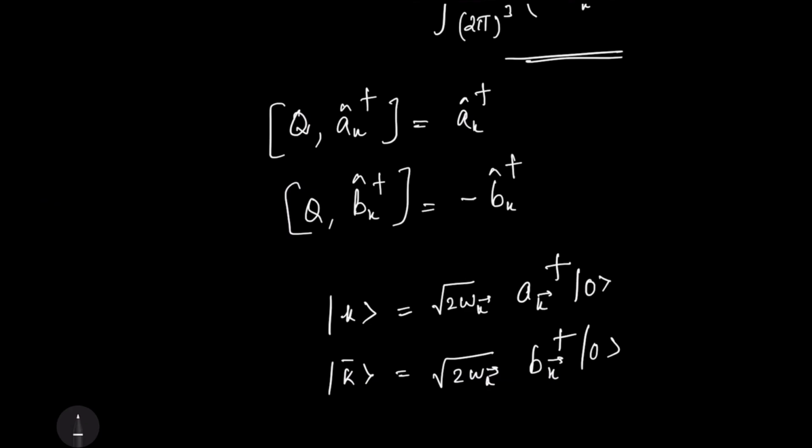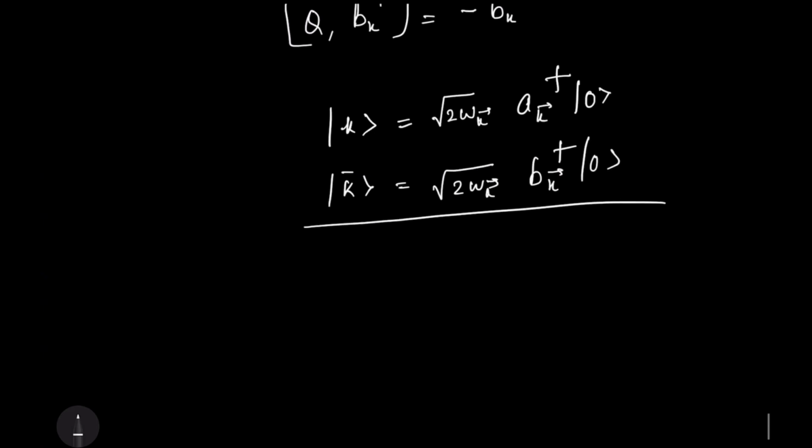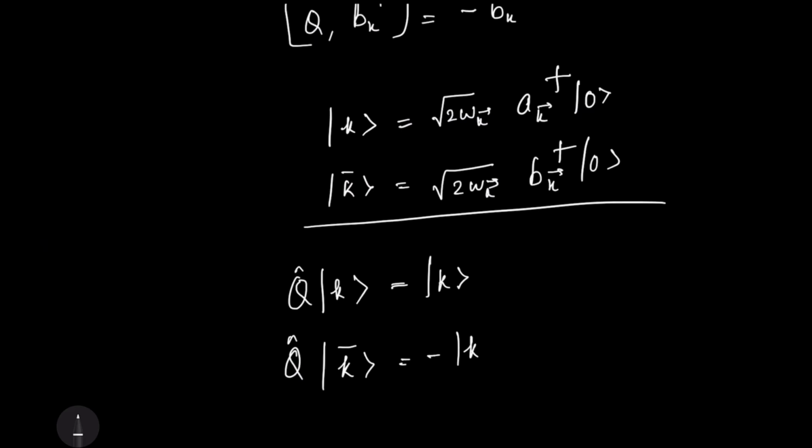I represent this by k bar. So if you look at the states corresponding to a_k and b_k, when Q acts on k, you will get k, and when Q acts on k bar, you will get minus k bar. So k and k bar have the same mass and spin 0 but opposite charge.